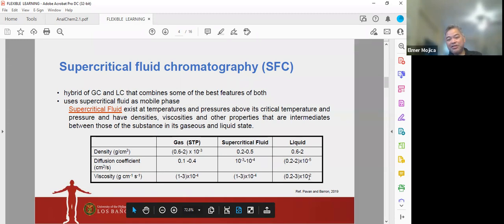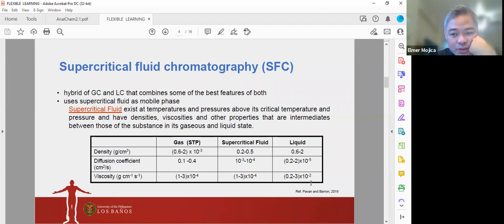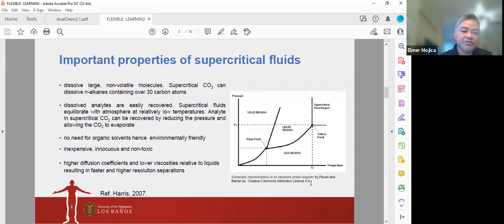So I think this is where we get the best features of both sides, okay? So it has a density and diffusion similar to the liquid, but a viscosity that is similar to the gas.